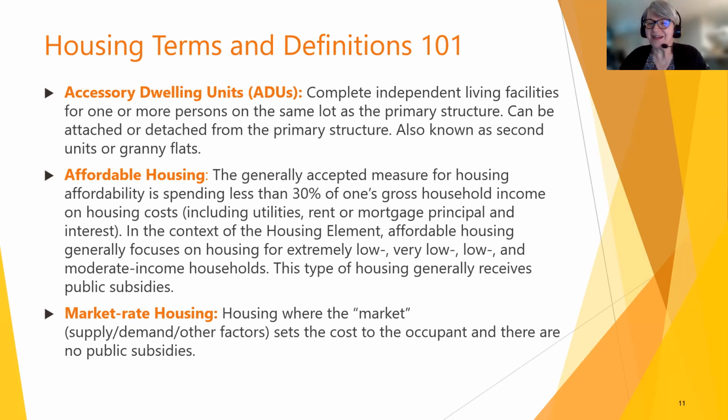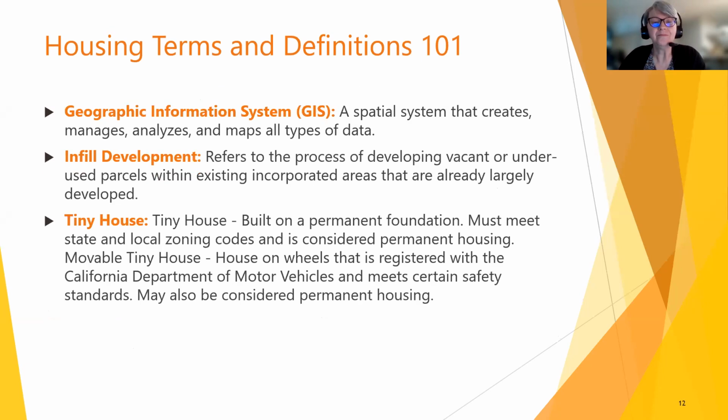In the context of housing policy in general, affordable housing generally focuses on housing for extremely low, very low, low, and moderate income households. And this type of housing generally receives public subsidies. Market rate housing is housing where the market, which means supply, demand, and other factors, set the cost to the occupant, and there are no public subsidies.